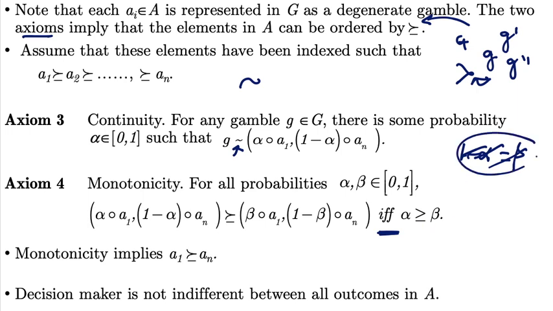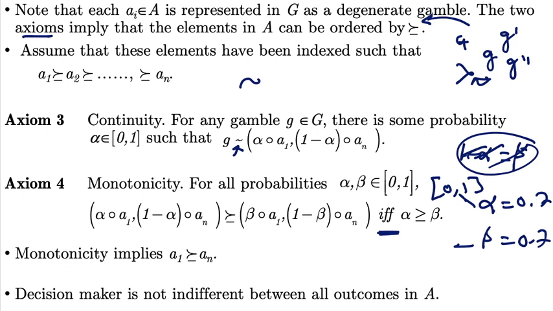For simplicity I said this, but it is possible that alpha is 0.7 and beta is 0.7, because each of them separately is still between 0 and 1, isn't it? So that's possible also.